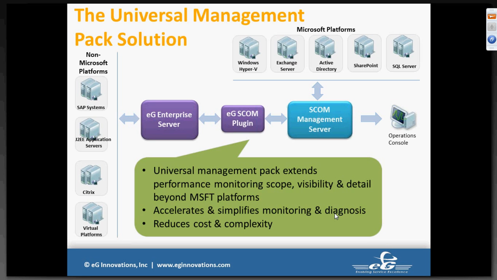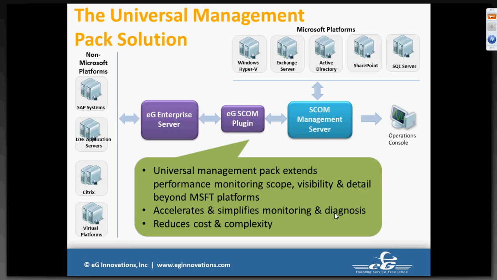Another very important feature is that instead of sending raw metrics to SCOM, EG Enterprise collects, analyzes, and correlates these metrics from every layer, every infrastructure tier, using an industry-first virtualization-aware root cause diagnosis technology. Only actionable information is sent to the SCOM console, and this way administrators do not have to put a whole lot of manual effort to analyze the alerts.